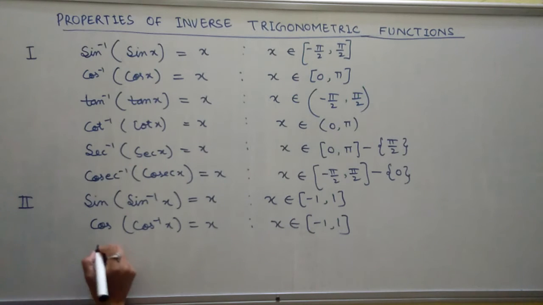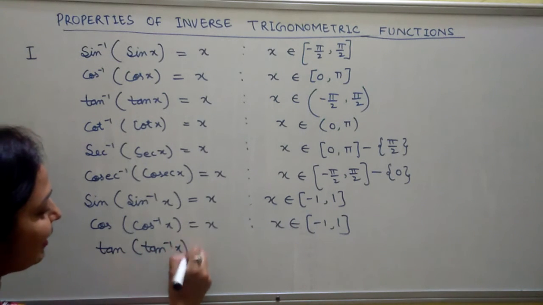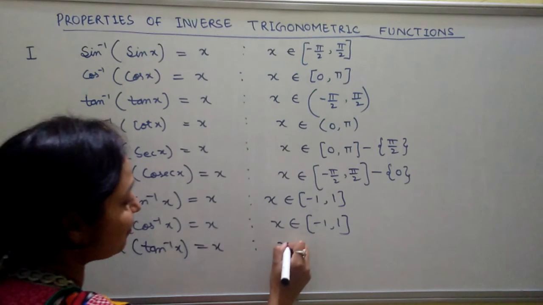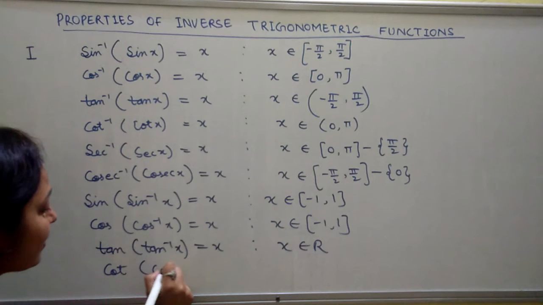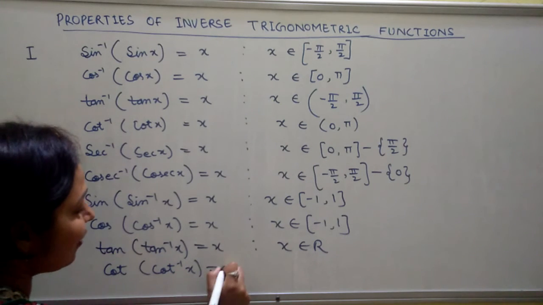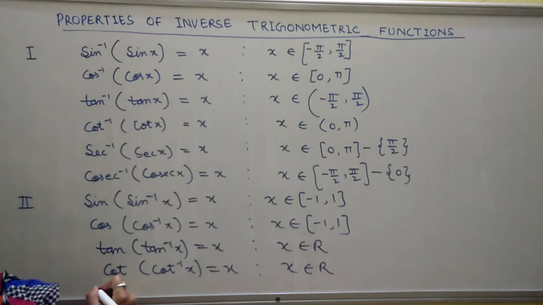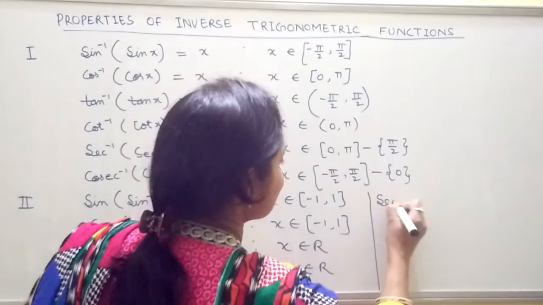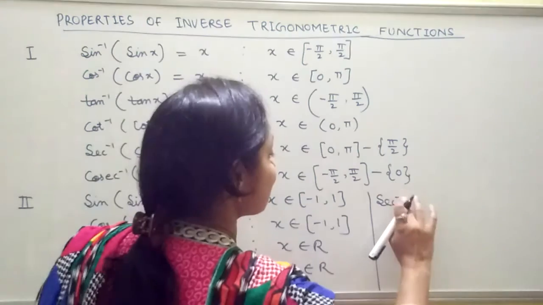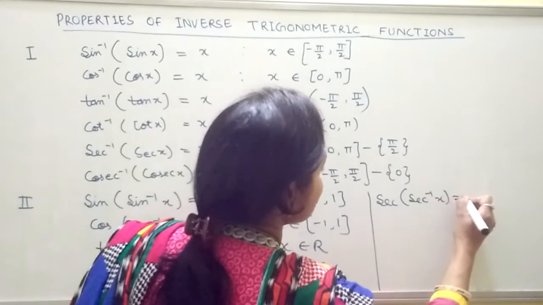Okay, come to the tan inverse x, that is x when x belongs to R. Cot inverse x is x when x belongs to R, because both have same values. Now come to the secant and cosecant. Secant inverse secant x is equals to x.